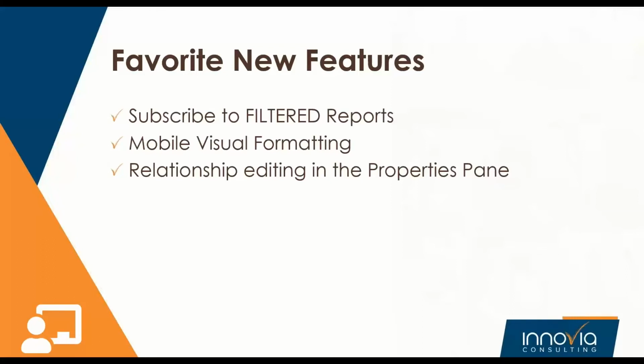And the last favorite feature would be the relationship editing in the properties panel. With this feature, you can create semantic models over big data and quickly edit relationships in the properties pane.